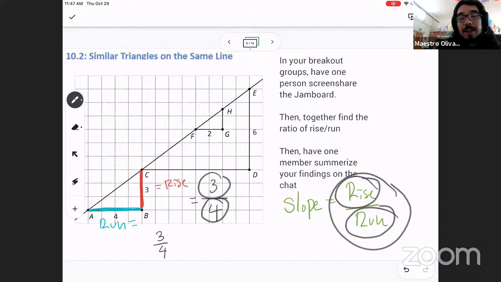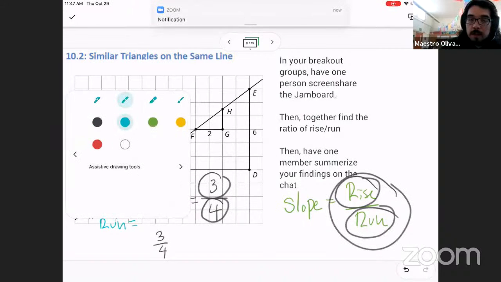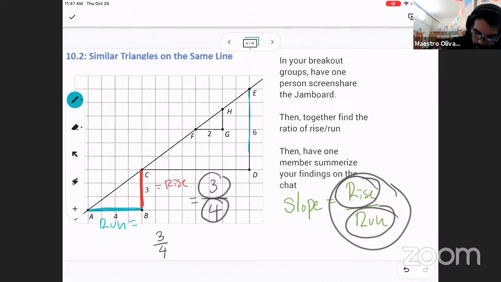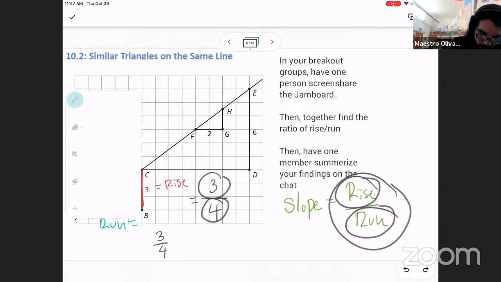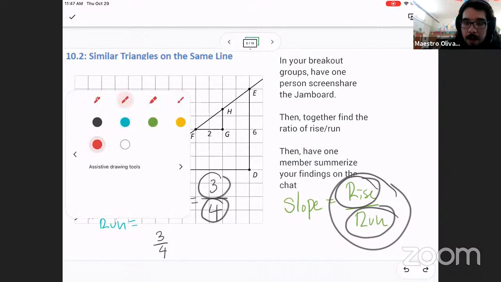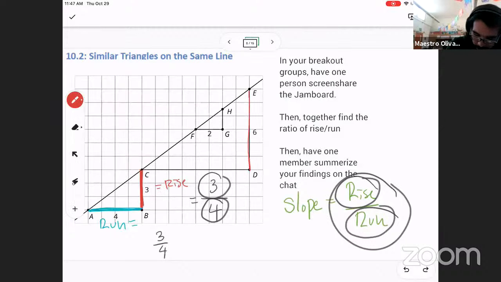So, let's look at the bigger triangle. Hay que ver el triángulo más grande. ¿Cuánto mide? Déjame escoger otro color. ¿Quién no he oído hablar? Norlin, I haven't heard you talk. ¿Cuánto mide? How much does this side measure?